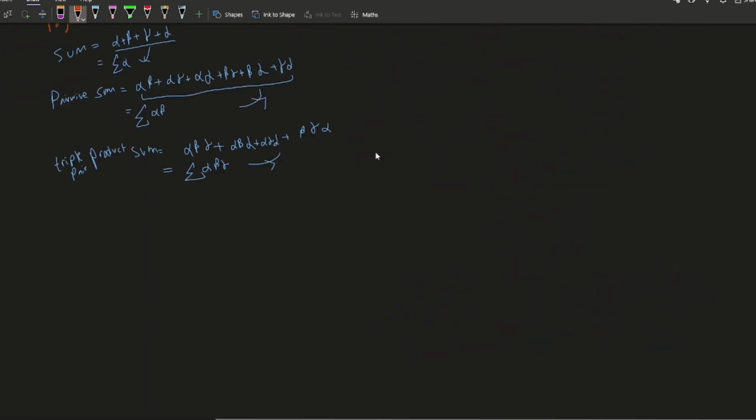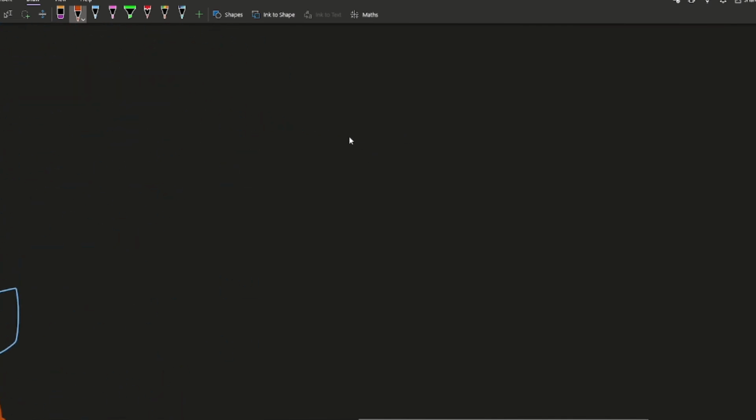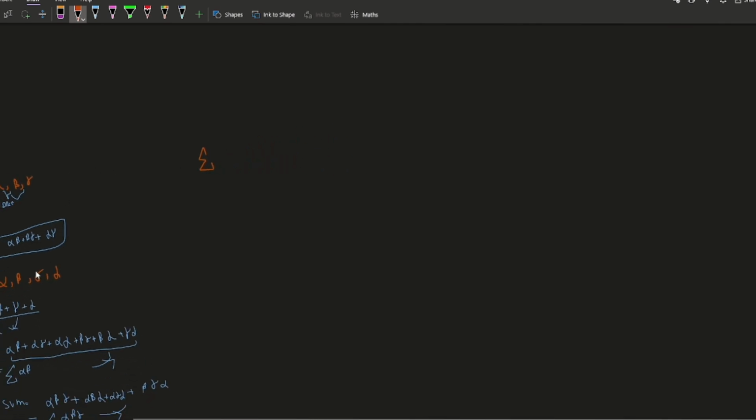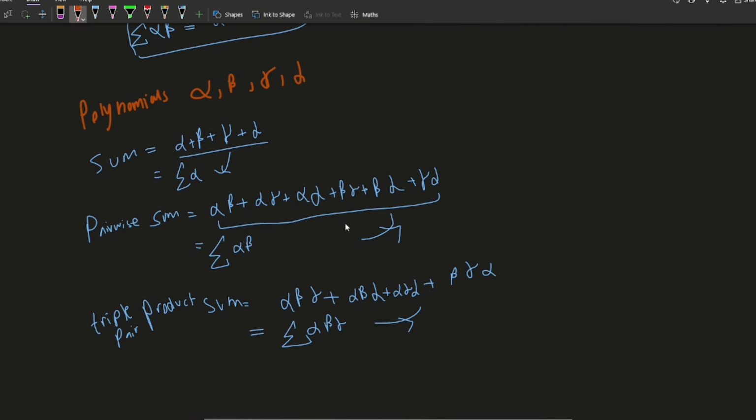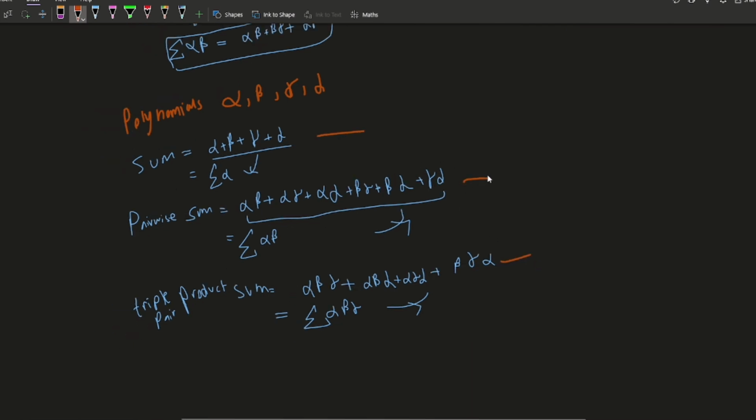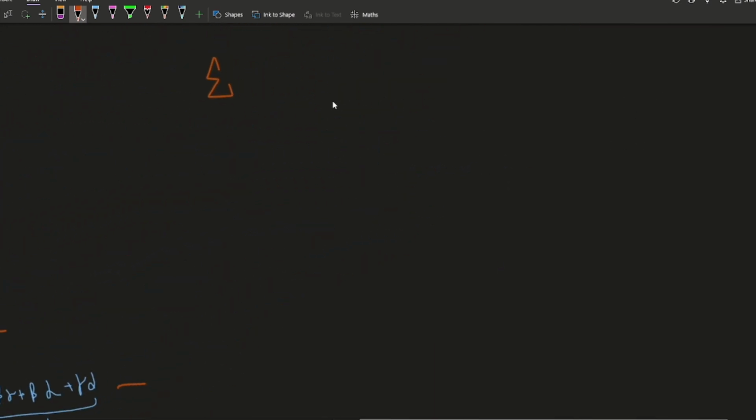Whenever you see this sigma notation, it indicates that multiple terms are being added together, as we saw in all these examples.